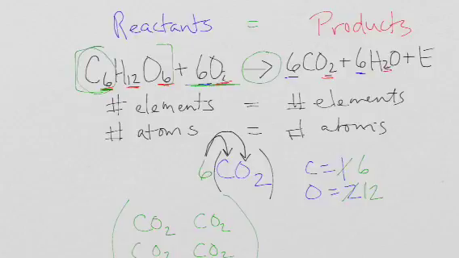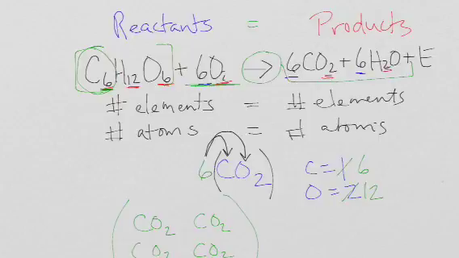There's 6 of them. And if you look at the product side, the only molecule that has carbon in it is CO2. So right now, if you only have 1 CO2 and you've got 6 in a glucose, that doesn't add up. So you make yourself have 6 carbon dioxides. That's going to change your number of oxygens, but you're going to see that the number of oxygens is going to work out as well.